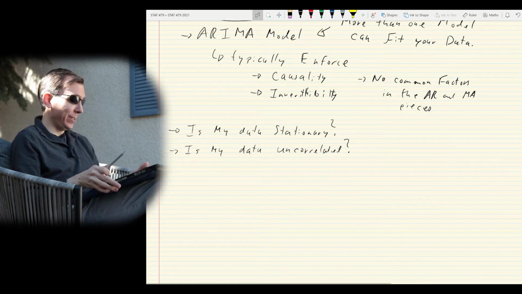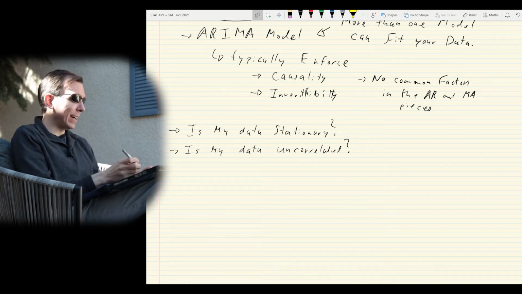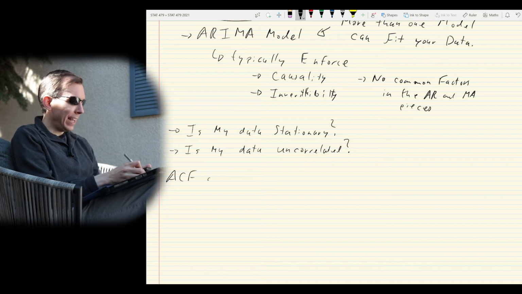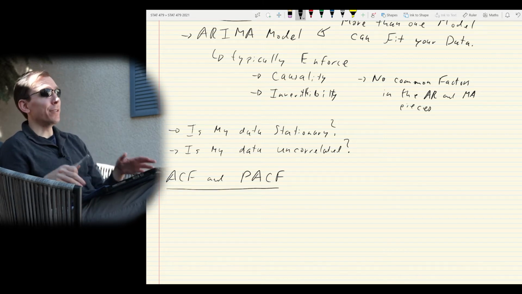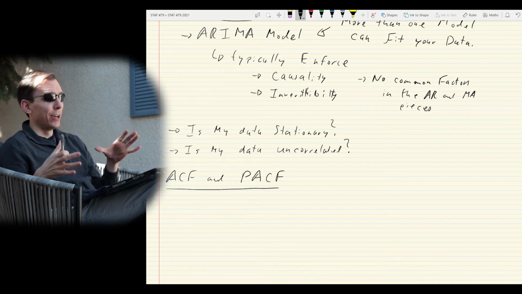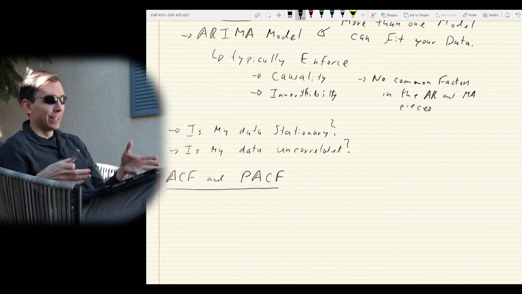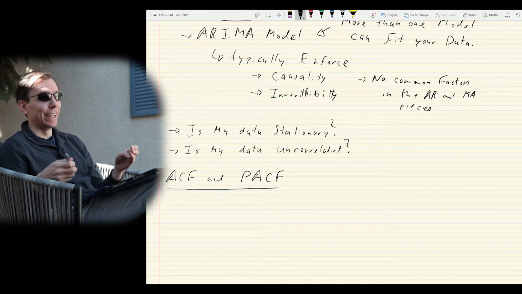We also, in this section, talked about the idea of ACF and PACF, because these are really useful tools in time series to visually understand what's happening with our data. Right? The ACF is just the autocorrelation function. It's symmetric.